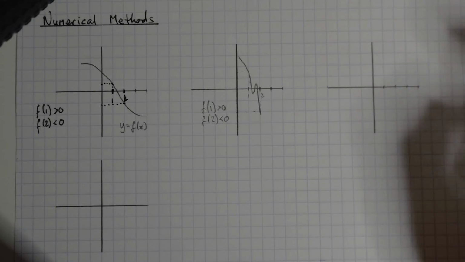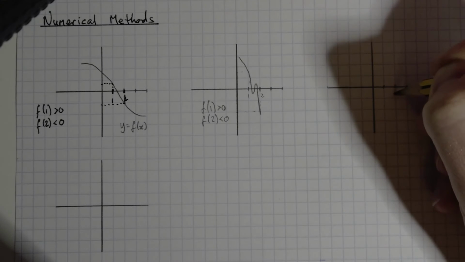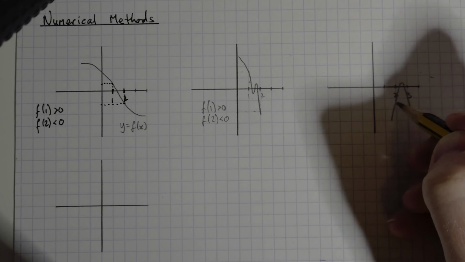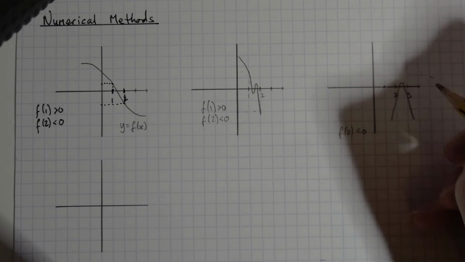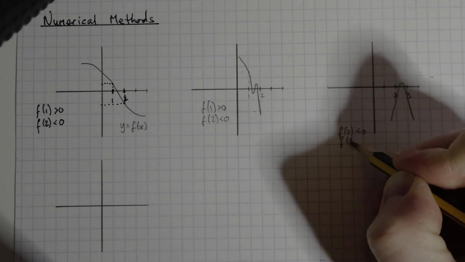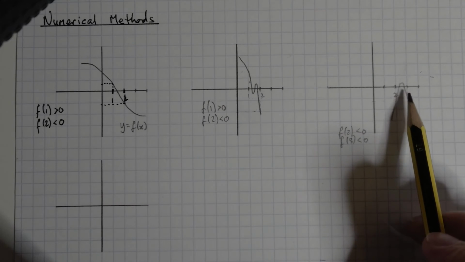I still need to be careful though. If I don't get a change of sign, that doesn't mean there's no roots. So for example, let's put 2 and 3 in this time. If I put 2 in here, f of 2 comes out as some negative number down here. If I put f of 3 in, it comes out as some negative number as well. So I don't have any sign change, but there are 2 roots in there.